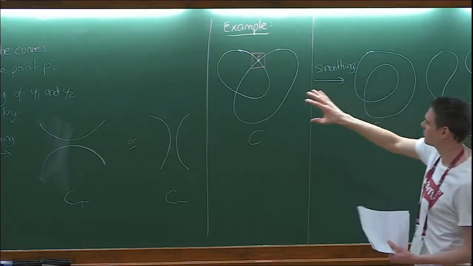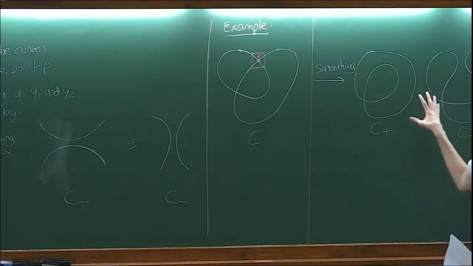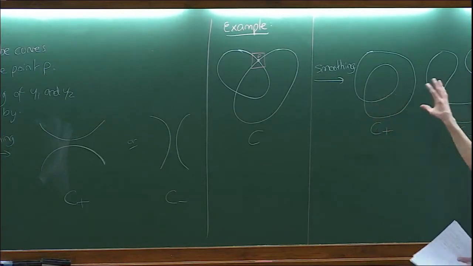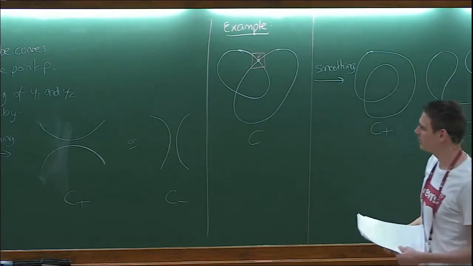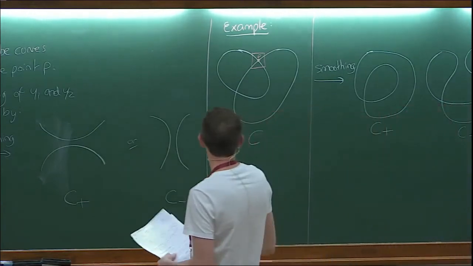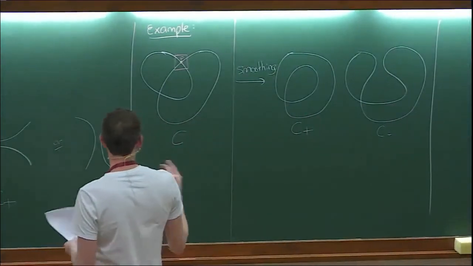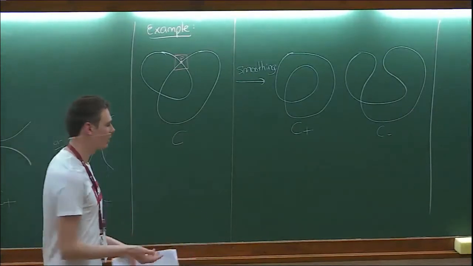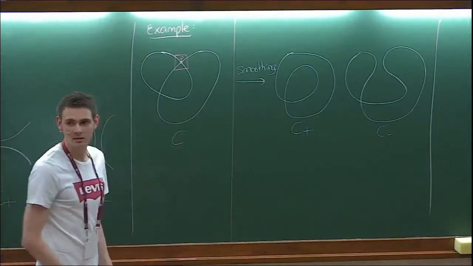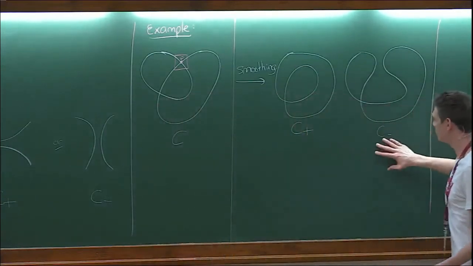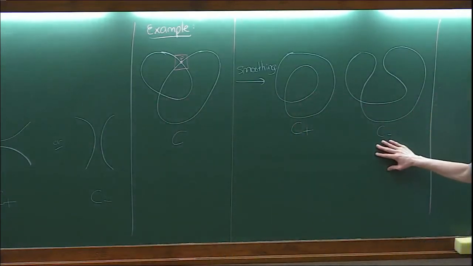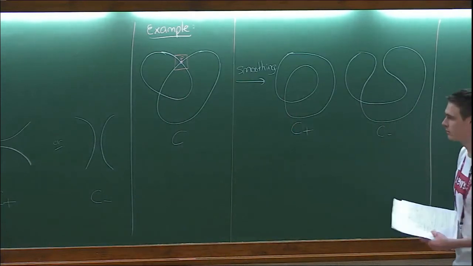We could have just one arc here, and it could self-intersect, and it could split into two and something else, right? But the key thing to note is that we have reduced the number of intersections, right? Say there were k intersections in C, there would be fewer than k in C plus, and fewer than k in C minus, after this smoothing procedure.